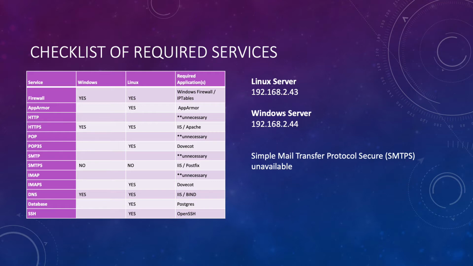So we can see that Tim has all the required applications installed: AppArmor, Apache, HTTPS, POP3S, IMAPS, DNS, PostgreSQL, and SSH, but the only service that he does not have is SMTPS, or Simple Mail Transfer Protocol Secured, which is unavailable.